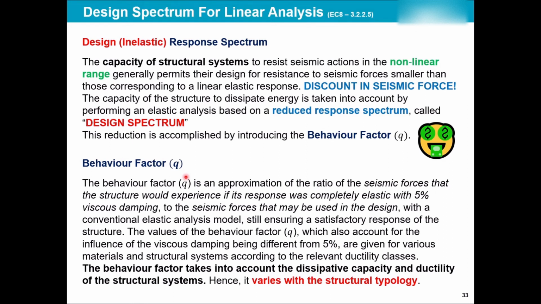All of these combine and we get a behavior factor Q. And because it really depends on the structural system, it varies with structural typologies. For different structural types, reinforced concrete, steel, timber, and different structural systems, moment resisting frame, braced frames, or simple gravity frames, the behavior factor differs.